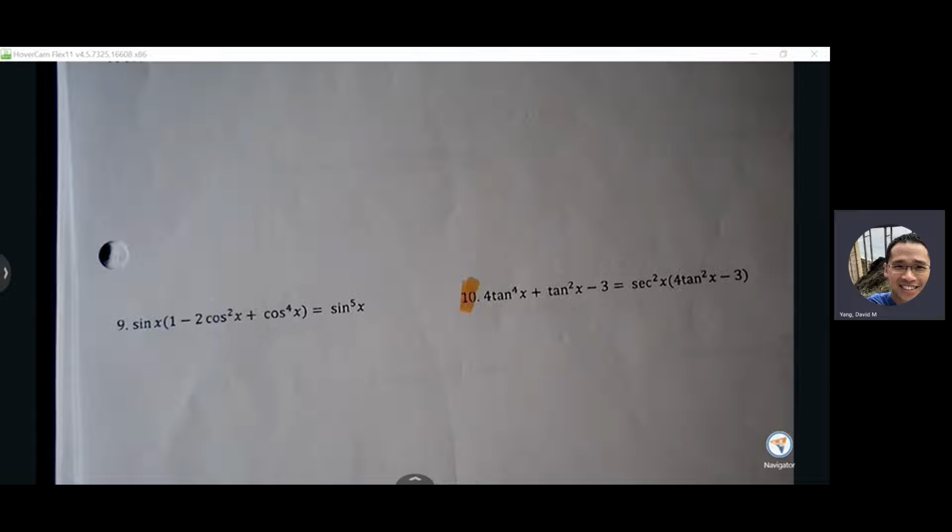Okay, number 10 on page 19. I'm going to start on the left side here.